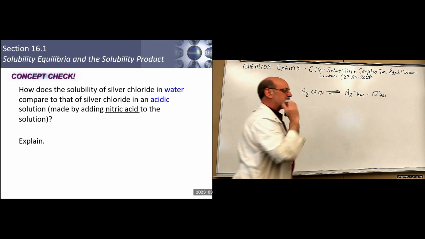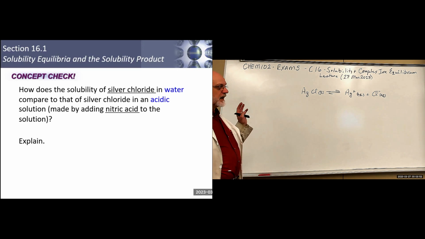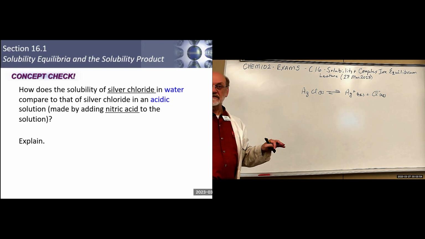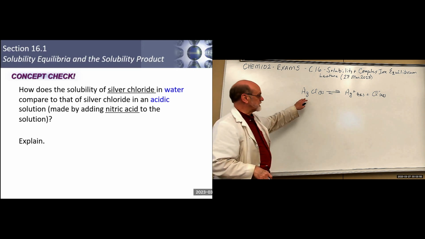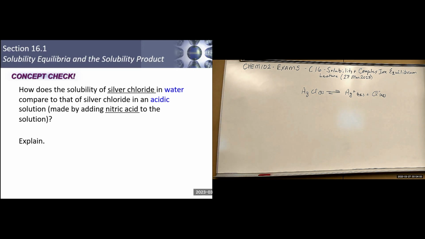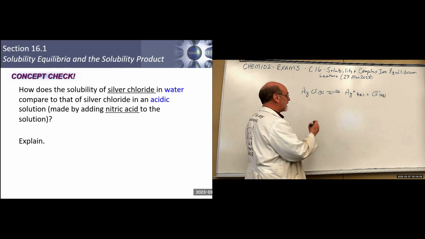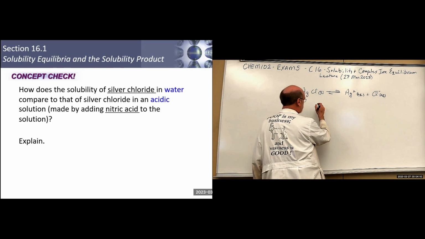And we want to know what impact the addition of nitric acid has on the solubility. I mean, intuitively, you would think, oh yeah, we'll add some acid, we'll get it in a solution. Well, you won't. Why? Because here's what nitric acid does.